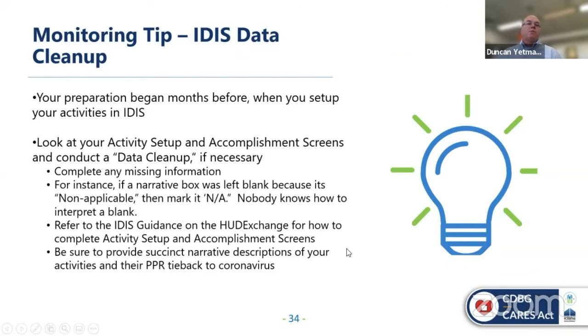Here's our monitoring tip number 1: IDIS data cleanup. Remember what we said at the top of this presentation, that monitoring is a continuous, ongoing process. Months before a HUD monitoring visit, you set up your activities in IDIS.